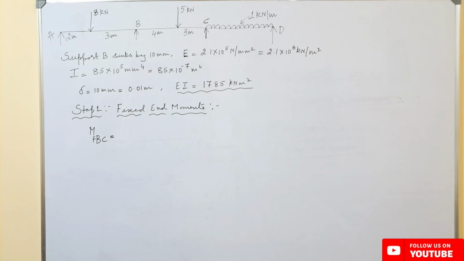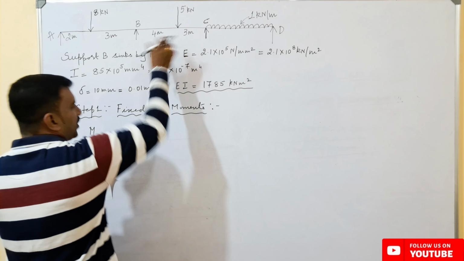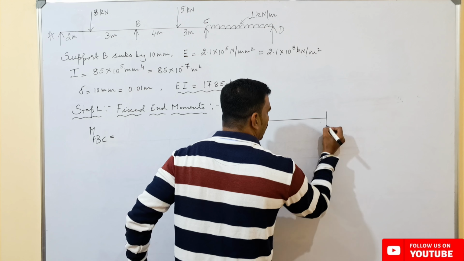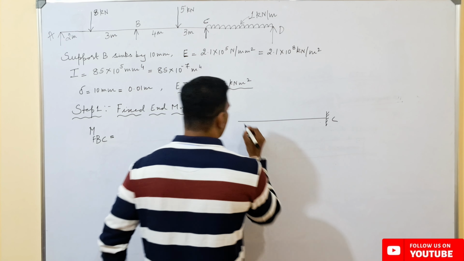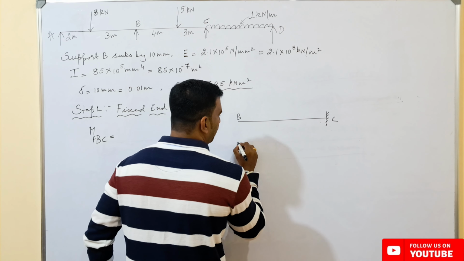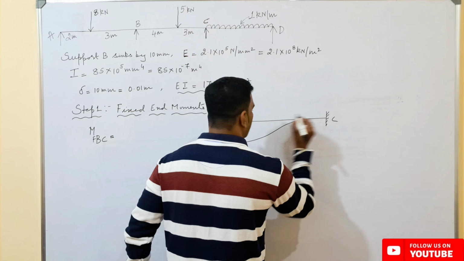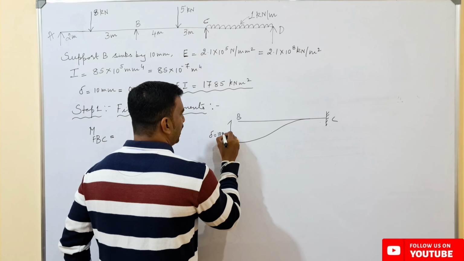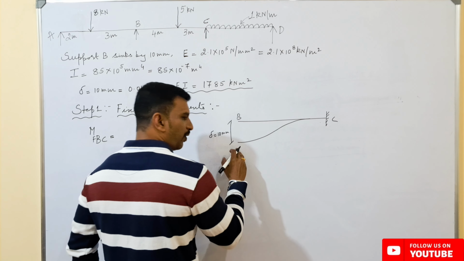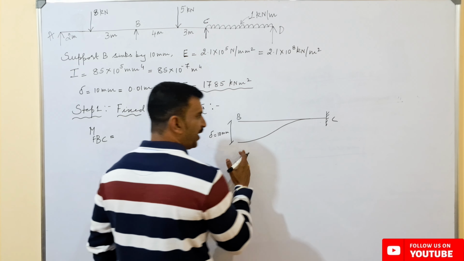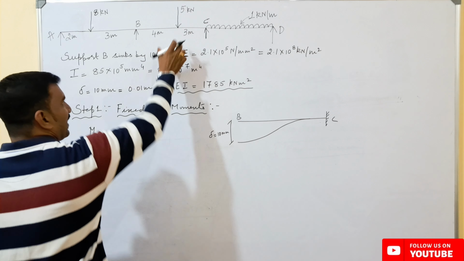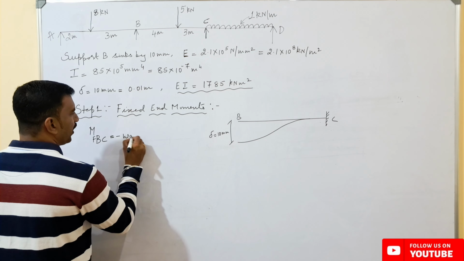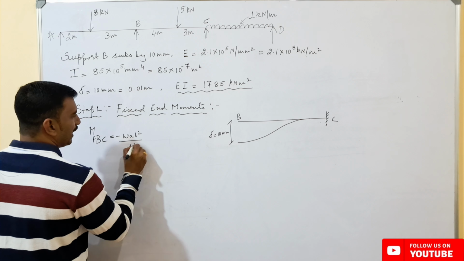See here. So if I want to consider the fixed end moment from B to C, this is the beam. This is point C and this is point B. At B we have a support which is sinking by 10 millimeters. Since it has an eccentric loading, we know the formula, which is minus W A B square upon L square.